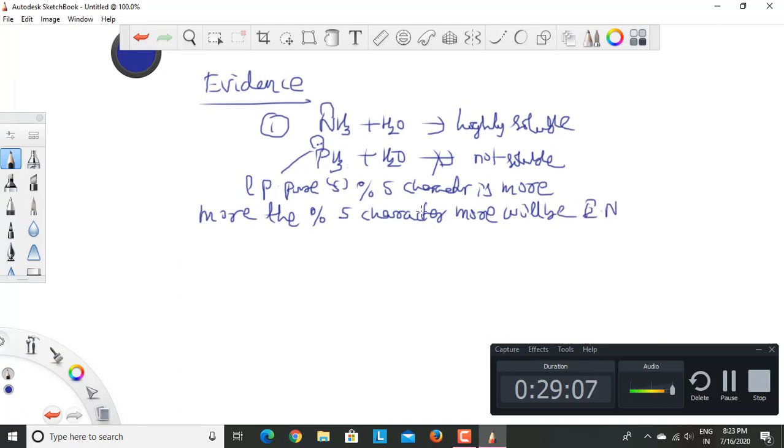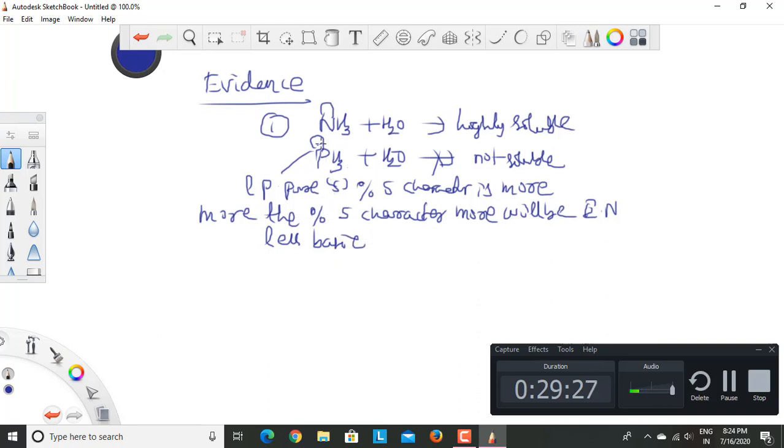If it is more electronegative, it will be taking electron, it will not like to give electron. So it will be less basic.